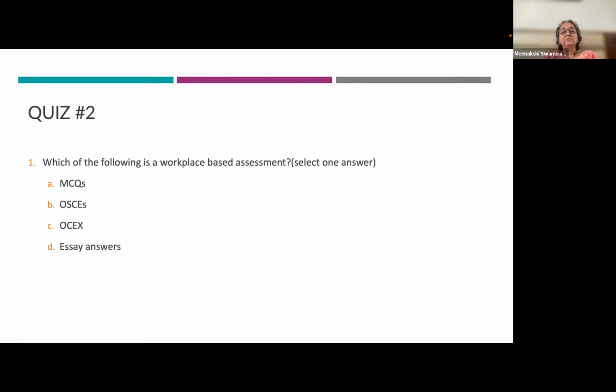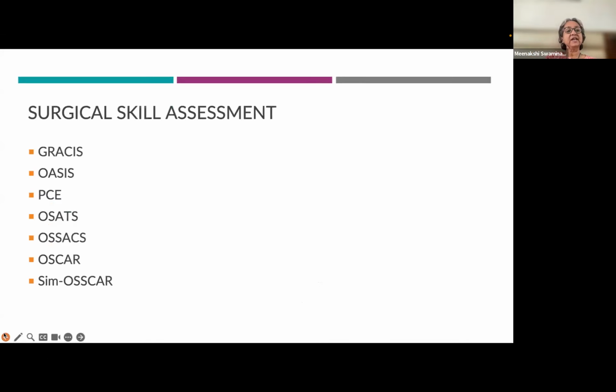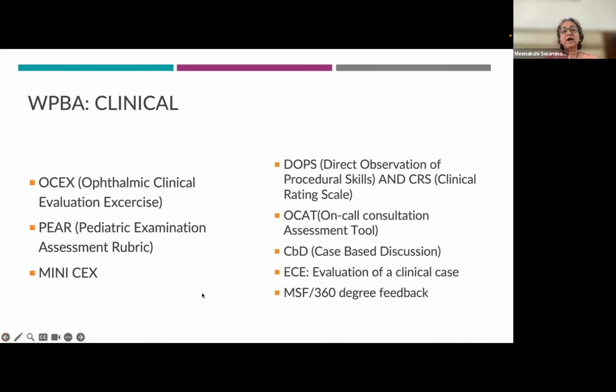Okay. So I'm going to go back and look at the slide once more, because this is a very important concept for us to understand. So here you go. I guess I went through this a little fast. We are now talking about workplace-based assessment, and I think Gabby is going to talk a little bit more about it.